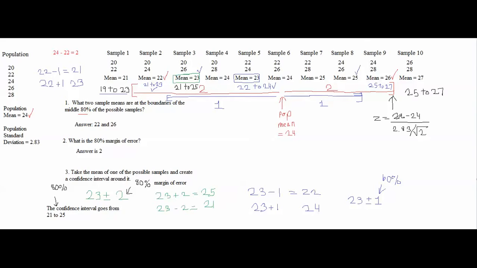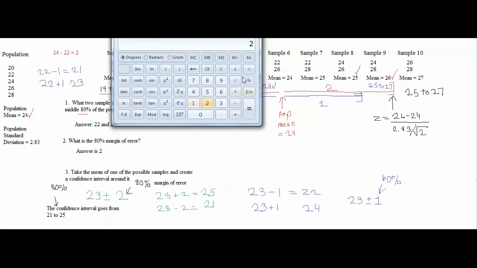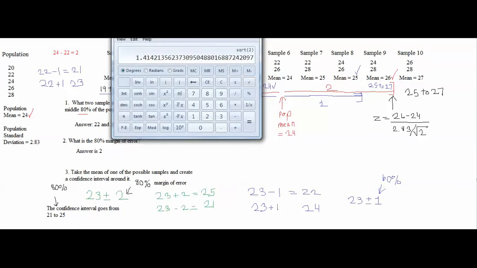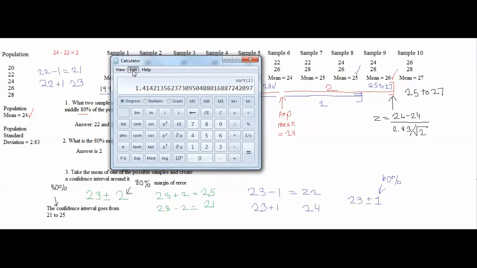If you take this, well, first let's find out what the z-score actually is. The square root of 2 is 1.41. If I divide 2.83 by 1.41, I get 2.